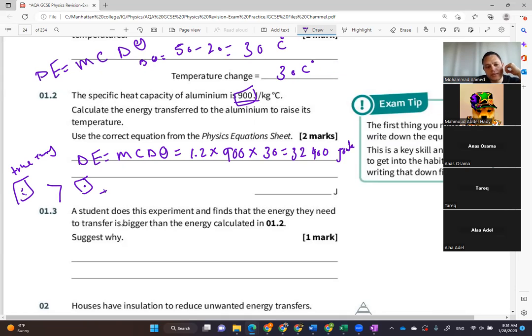So we need to add some energy to the calculated energy. Do you know why? Because maybe some energy is lost to the surroundings, or because we already have some energy coming from the background that makes the experimental value less than the true value.